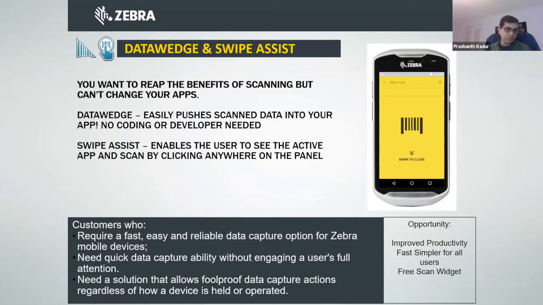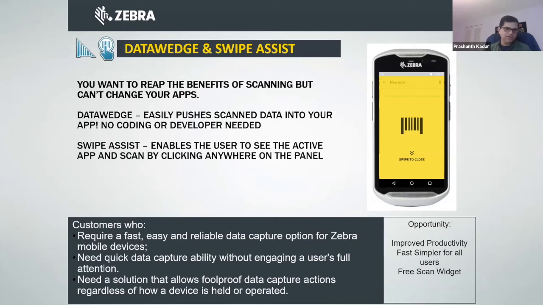Data Wedge also supports, on selected devices, RFID, and also old MSR devices. Some of the MSR is also supported. And then Data Wedge knows how to pass the data back to your application. The cool thing about it is you may not have to modify your application at all. Data Wedge knows how to put the data into the keyboard queue. So it's as if someone is typing it, it goes and puts the data into your application.